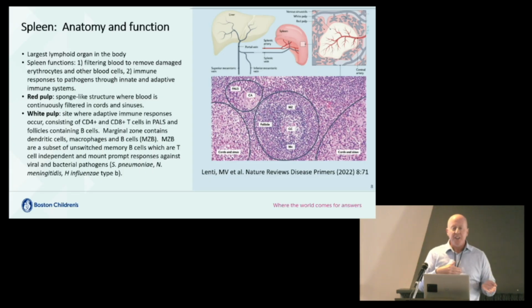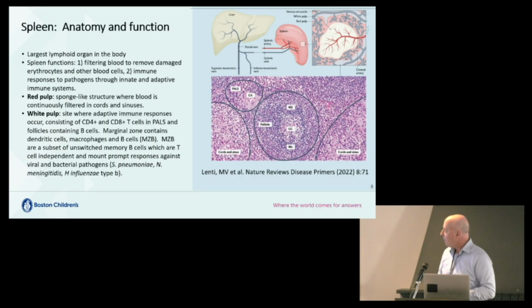The older senescent red blood cells will express a molecule called phosphatidylserine, which is a marker for removal by macrophages. So that's how the red pulp works.